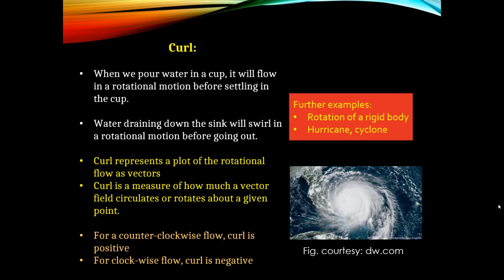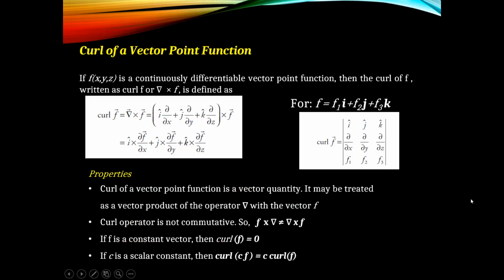Some examples are the rotation of a rigid body, such as a top. If you consider a simple top, when it is rotating, that actually results in a curl. Then we have hurricane and cyclone. I have given an example of a hurricane over here. You can see that it rotates about a central point.